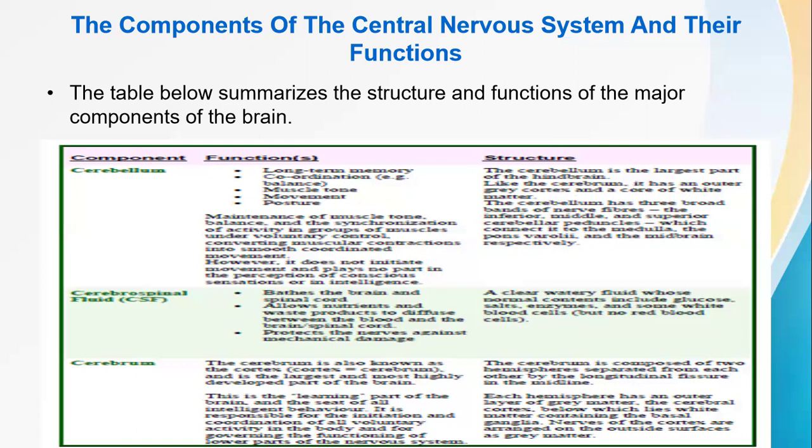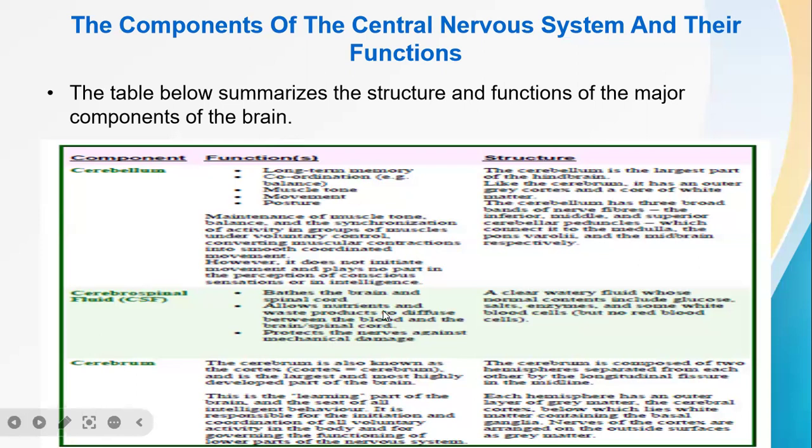The second component of the brain is the cerebrospinal fluid, CSF. The functions of the cerebrospinal fluid include the following. It bathes the brain and the spinal cord, so it covers the brain and the spinal cord.